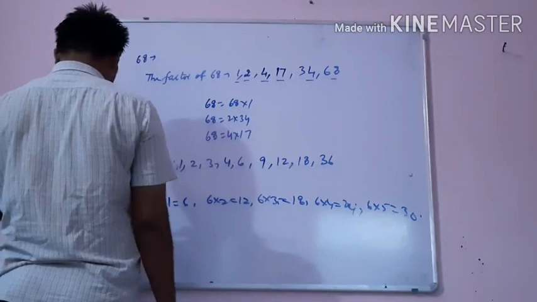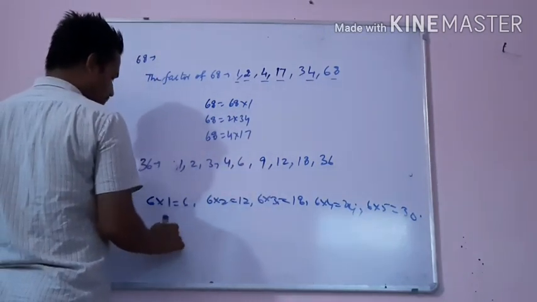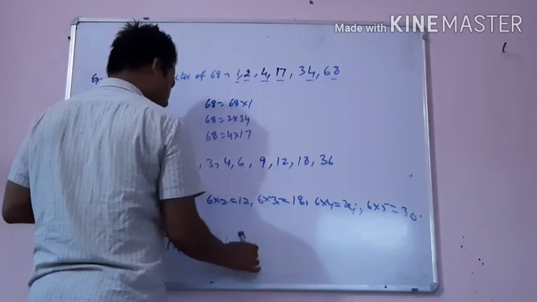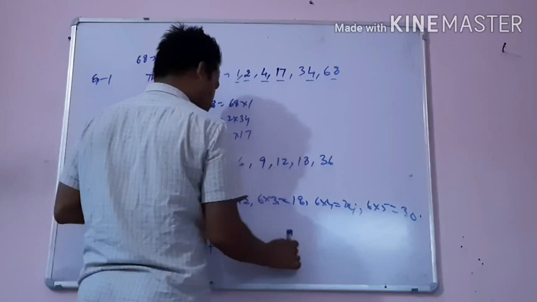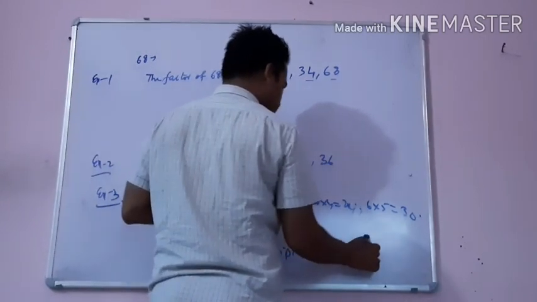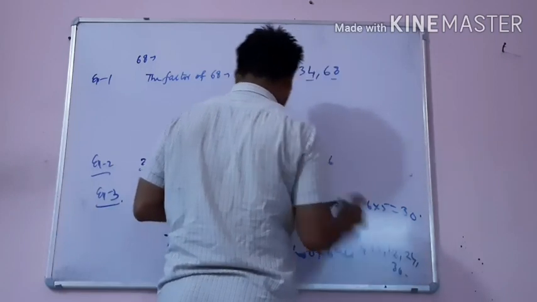So the first 5 multiples of 6 are 6, 12, 18, 24, 30.